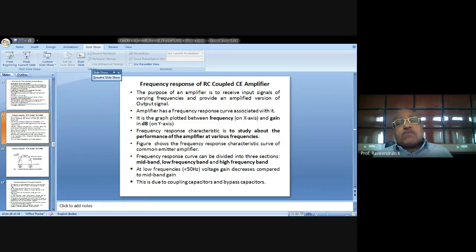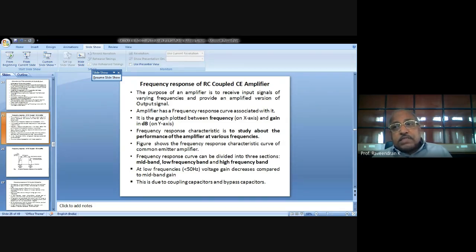Okay. Now, at high frequencies, what happens? At high frequencies also, there is again a shortage of voltage gain. How is it happening? Capacitors at high frequencies offer very, very low reactance.